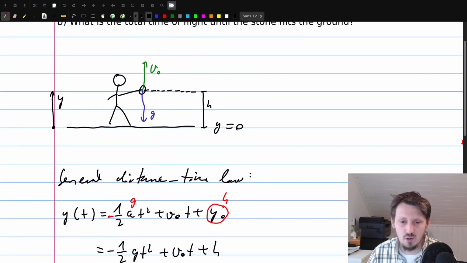And we can go back to our sketch. Here you saw that the stone is thrown upwards with an initial speed v0, and then it is decelerated because the acceleration is pointing downwards, and it's getting slower and slower until it reaches the maximum. And there at the maximum height, the speed is 0, and then it starts to fall down again.